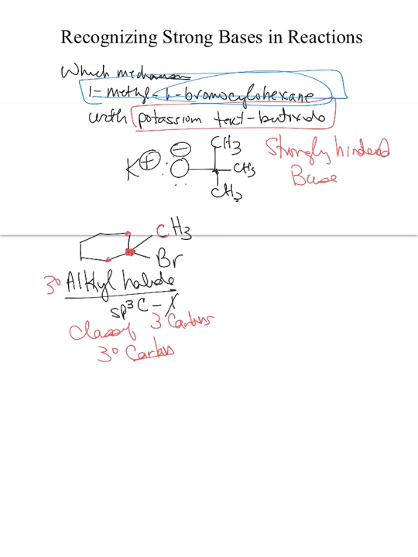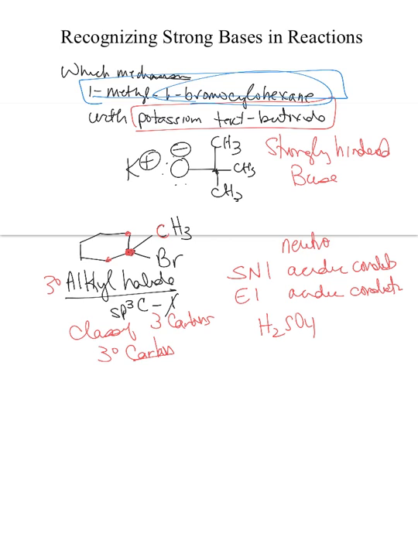Tertiary alkyl halide. Now, tertiary alkyl halides undergo SN1 and E1 only under acidic conditions. So what are the acidic conditions? It would be like sulfuric acid, or even neutral conditions.